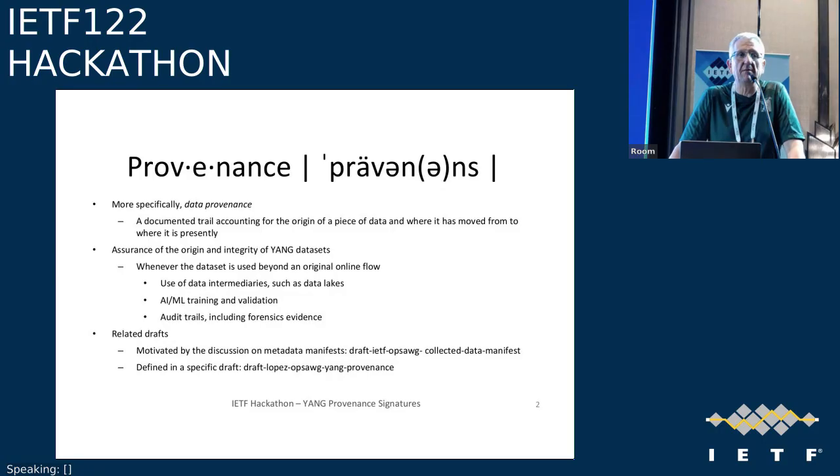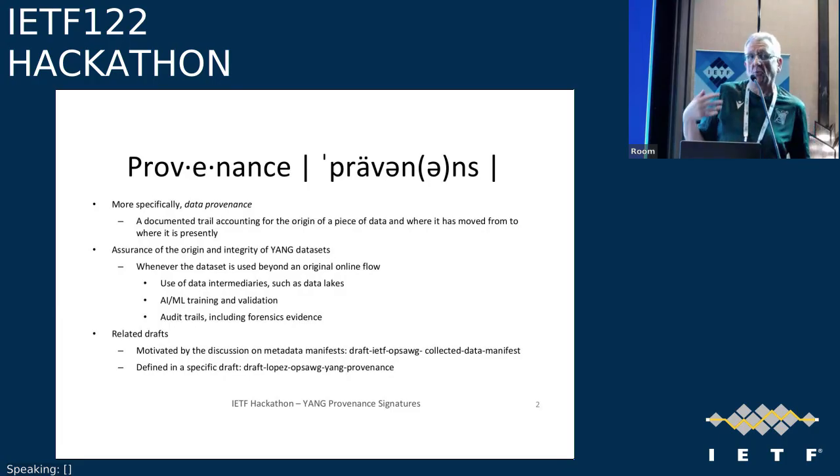And typically these days, for example AI training or inference, the idea is to be able to verify where the data come from and guarantee that it has not been altered or modified. These are related to the drafts.